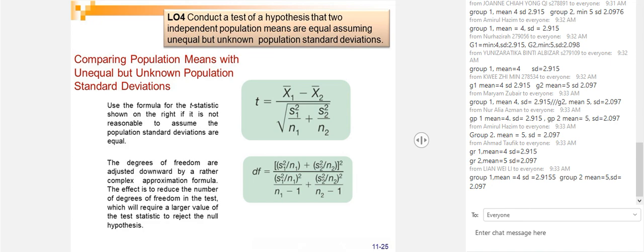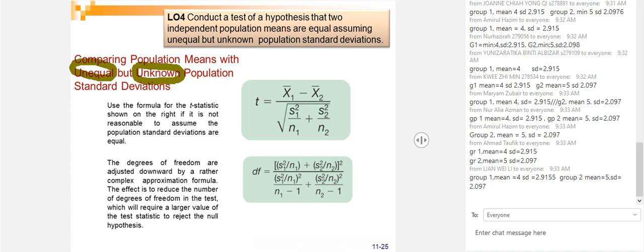Okay, the next one kita akan belajar two sample hypothesis. That mean population mean unequal. So standard deviation also unknown. Yang ni kira bernasib malang, maksudnya standard deviation pun kita tak tahu dan population mean pun dalam dua grup ni tak sama, unequal.